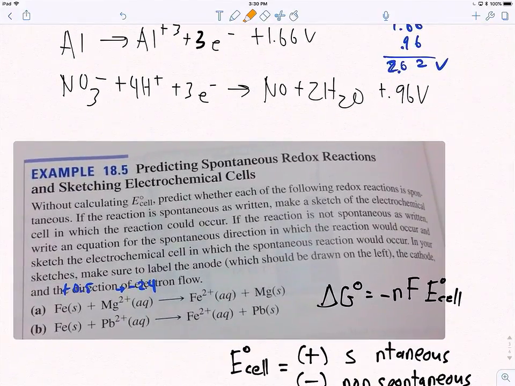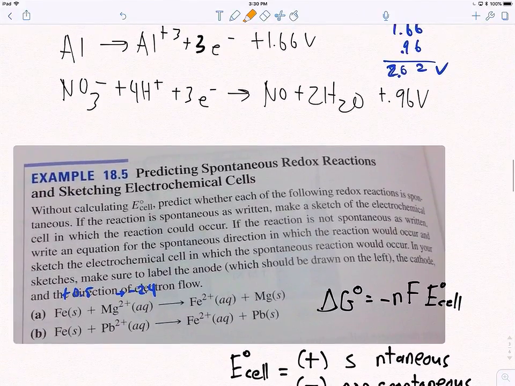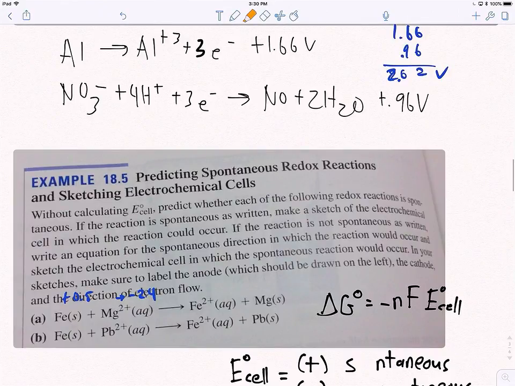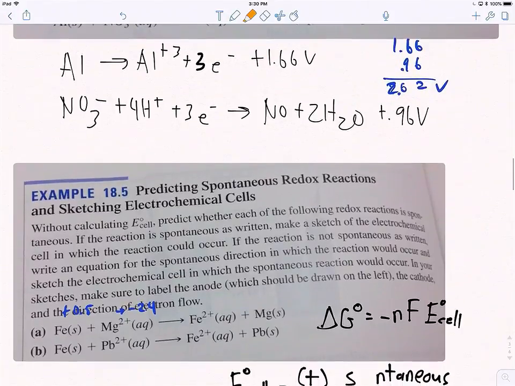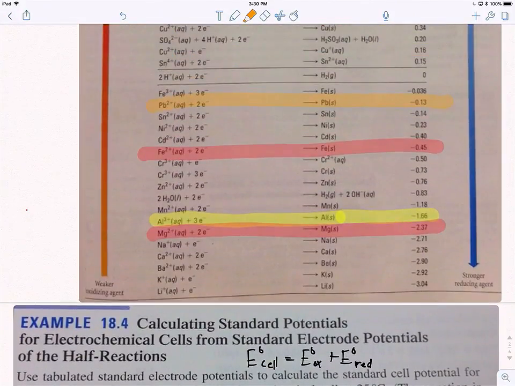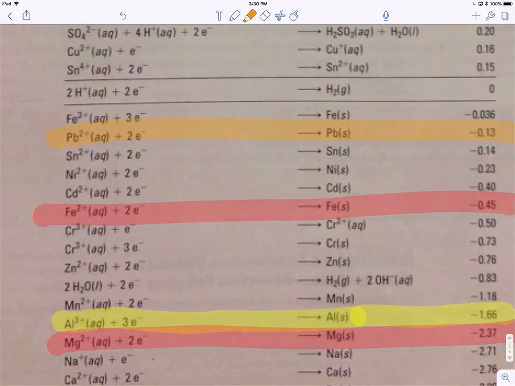Iron is being oxidized, and lead is being reduced. Okay, in this case though, the lead is above iron, so it's going the other way. So iron solid is going to iron plus 2. That's plus 0.45 volts. Lead going the other way around.